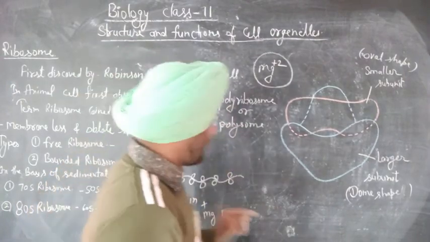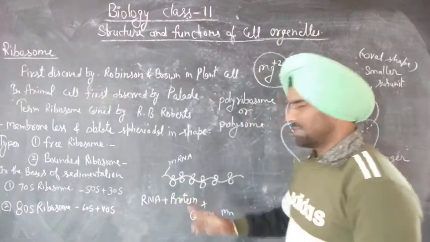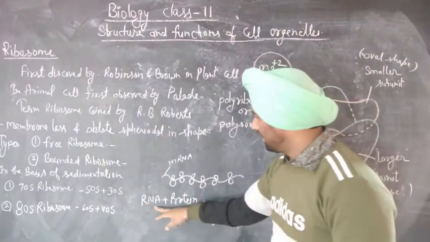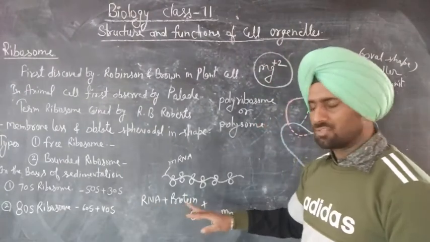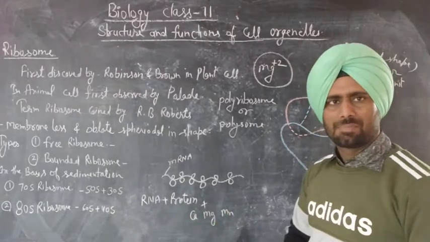Ribosomes are mainly made up of RNA and protein and some ions like calcium, magnesium and manganese.